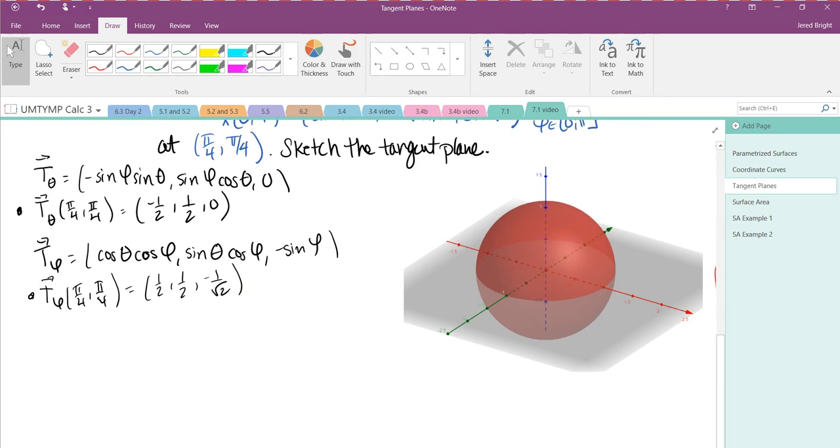So then the tangent plane I can write in one form as the point.